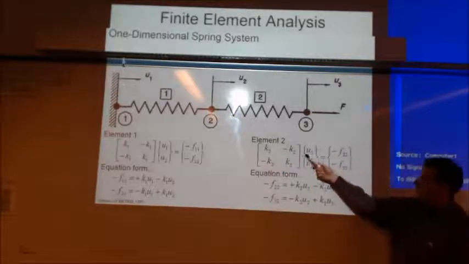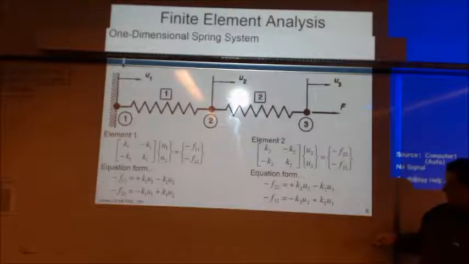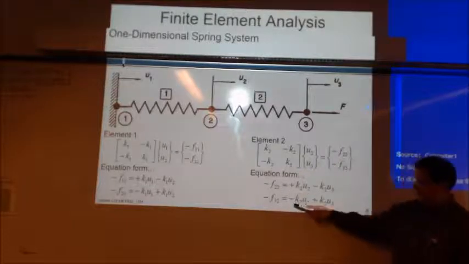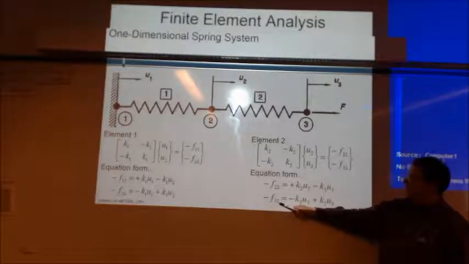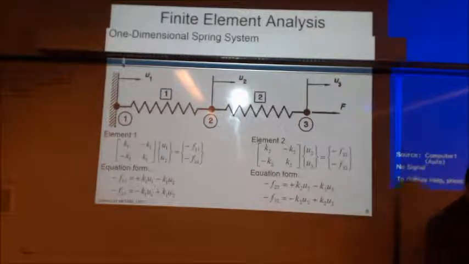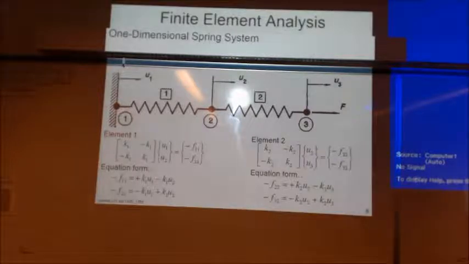Same thing for the second element in matrix form. And then when we put it together in an equation, so this is node 2, element 2, the third node, and element 2. Is that making sense? Okay.